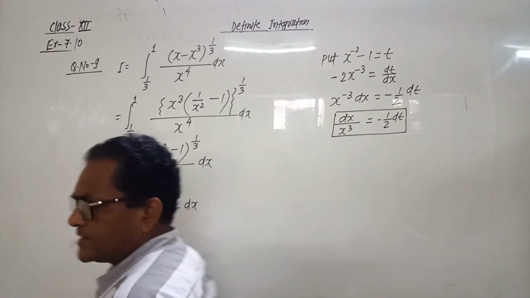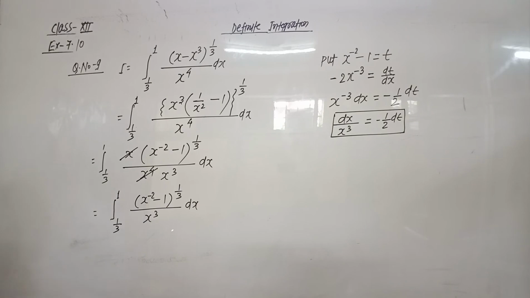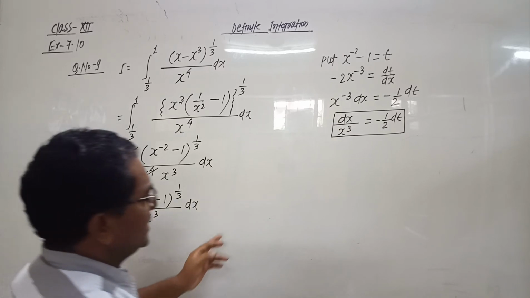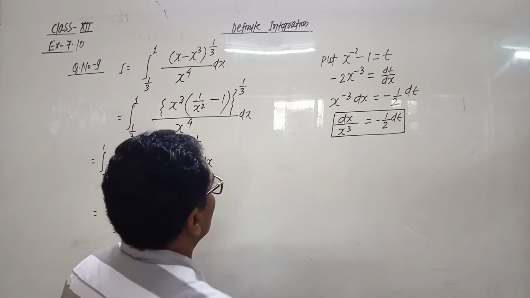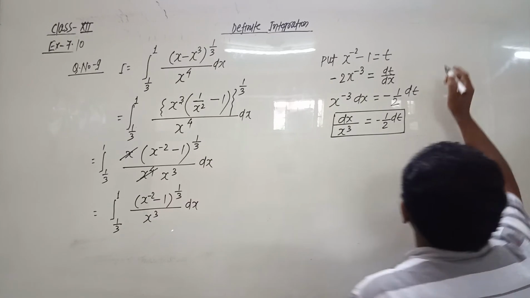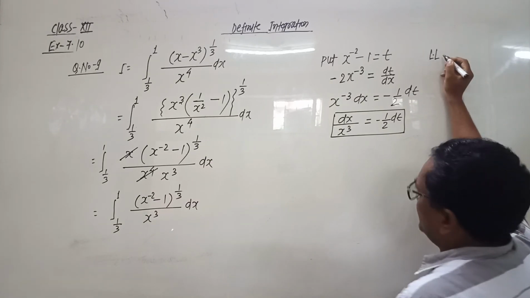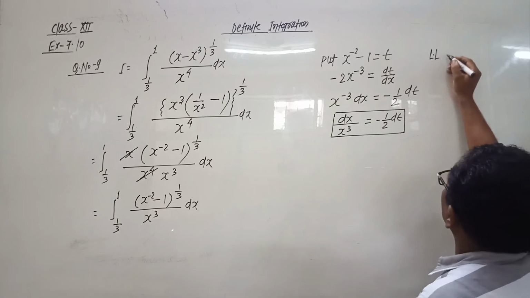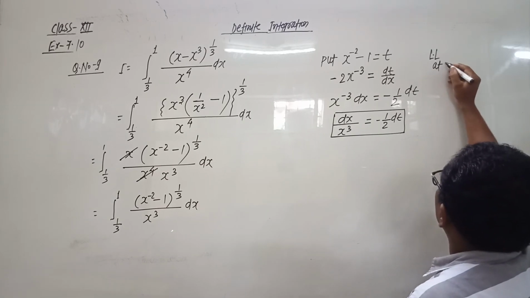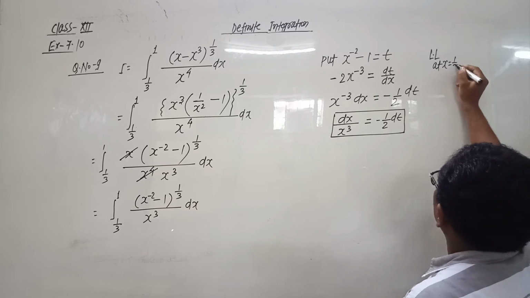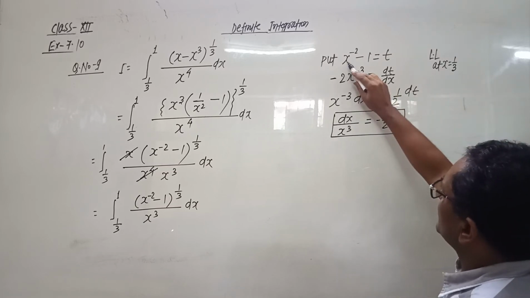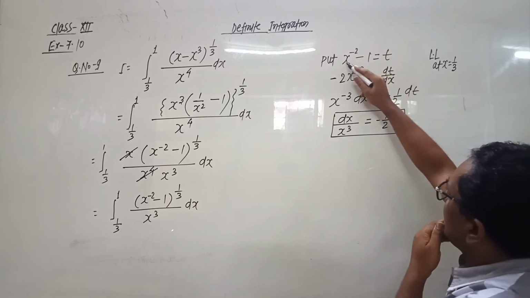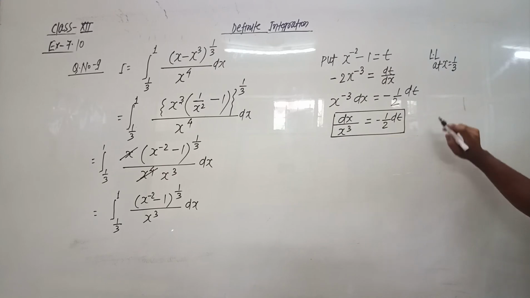So we get dx upon x cube equals to minus 1 by 2 dt. Now we change the limit. So for the lower limit, at x equals to 1 by 3, put the value of x equals to 1 by 3.